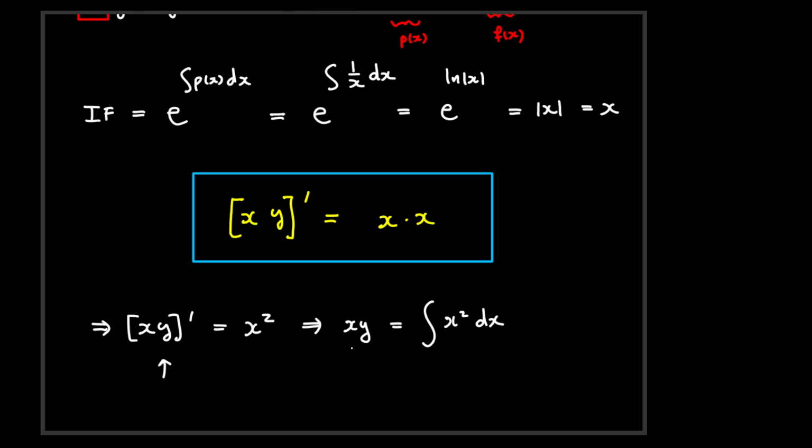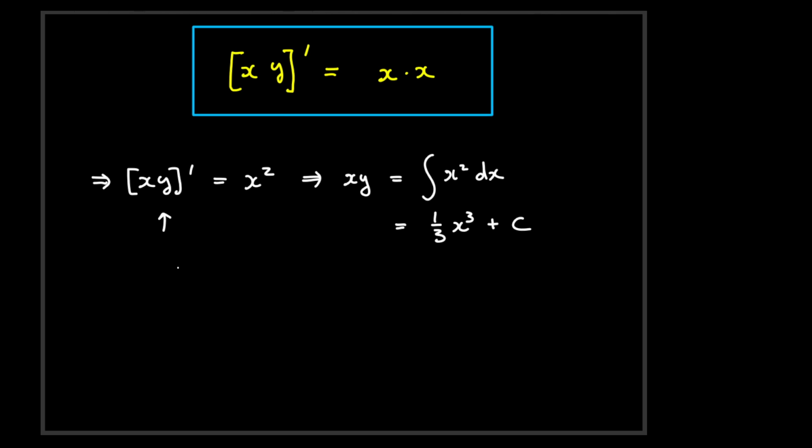So all possibilities of x times y are given by this, and this is just going to be equal to 1/3 x cubed plus the constant c, some arbitrary constant c which we don't know. Good. So we have found that x times y is equal to 1/3 x cubed plus c.